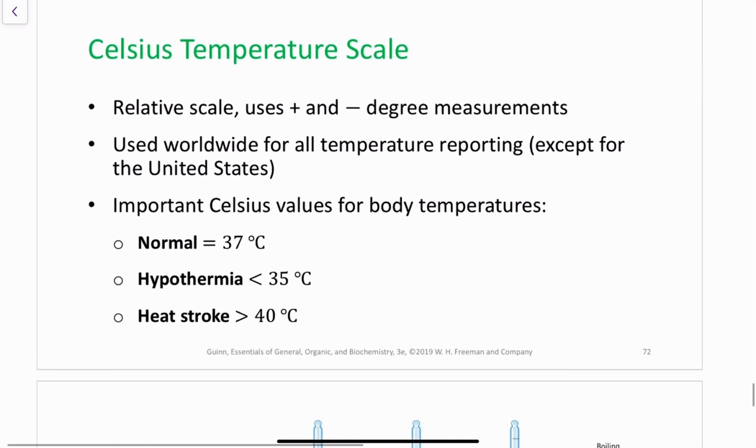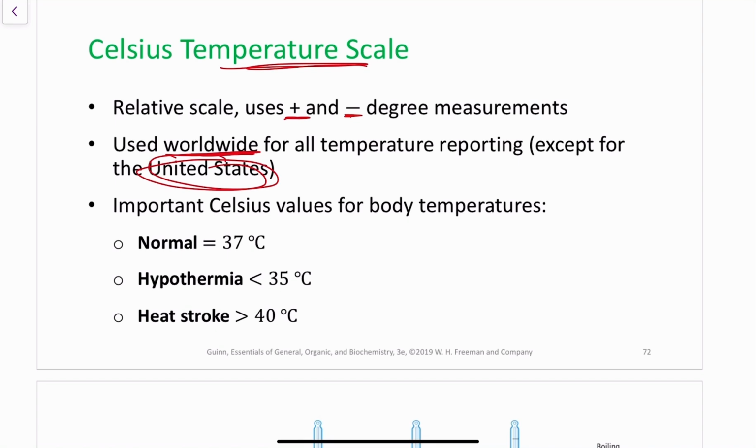Then we have a Celsius temperature scale. Again, you can have positive temperature, negative, right? It is normally used worldwide other than the United States. So in the US we normally use Fahrenheit, but outside the US we normally use degree Celsius.